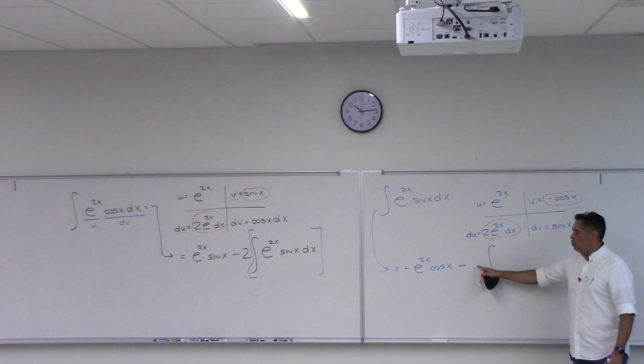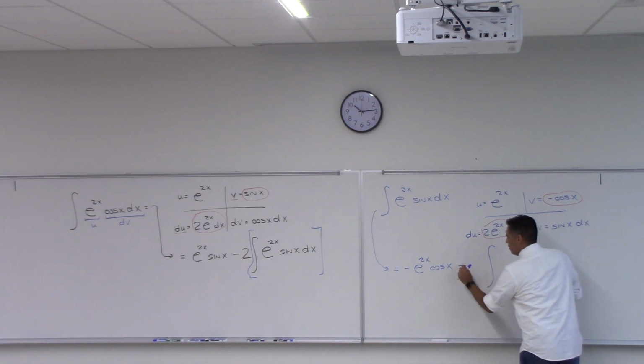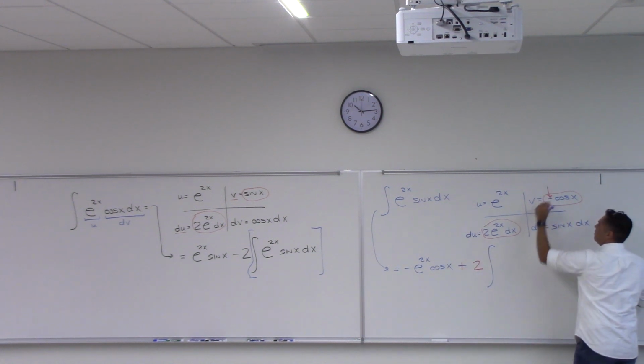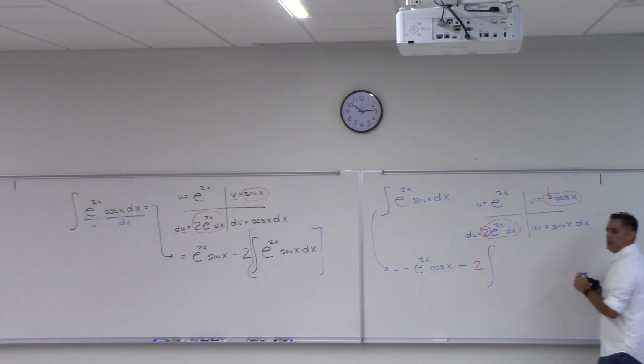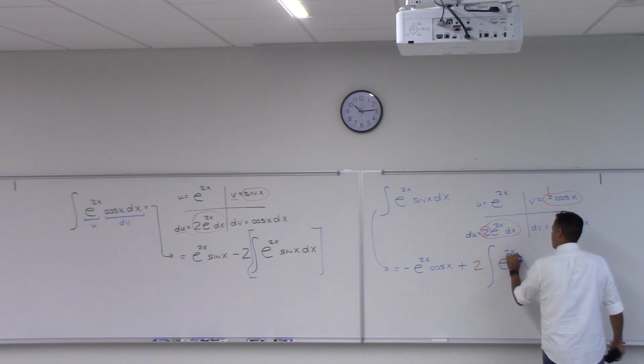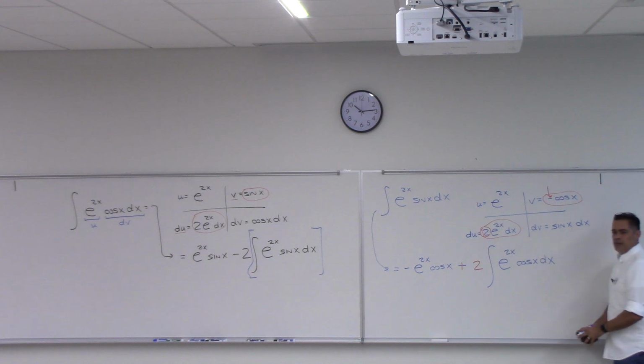I can pull that out, and what will this become in front here then? Plus 2. Because I'm pulling that negative and that 2 out. And now what's inside the integral still? E to the 2x cosine x dx, right?